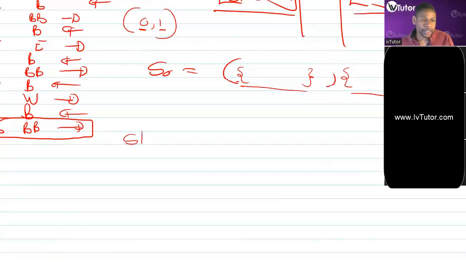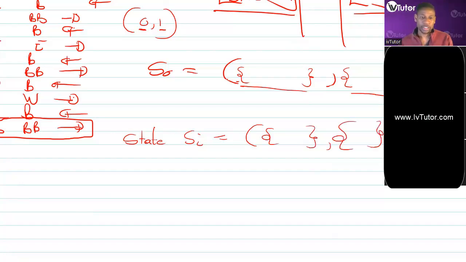So state Si is equal to a tuple, or sets, A, B, C, D, E.